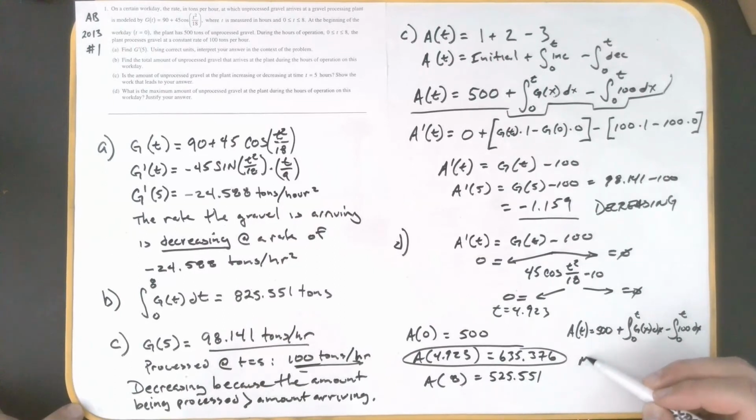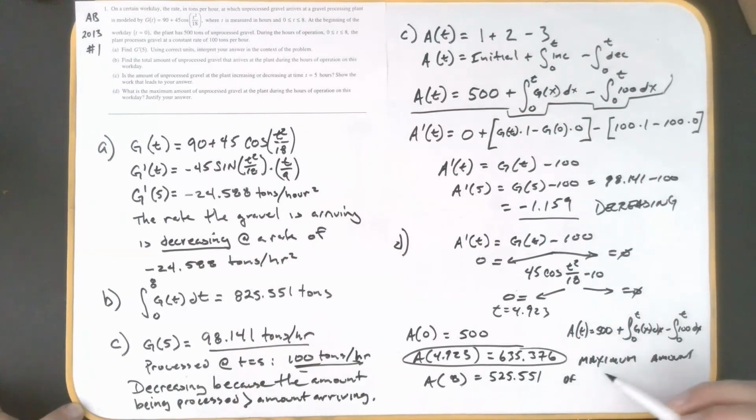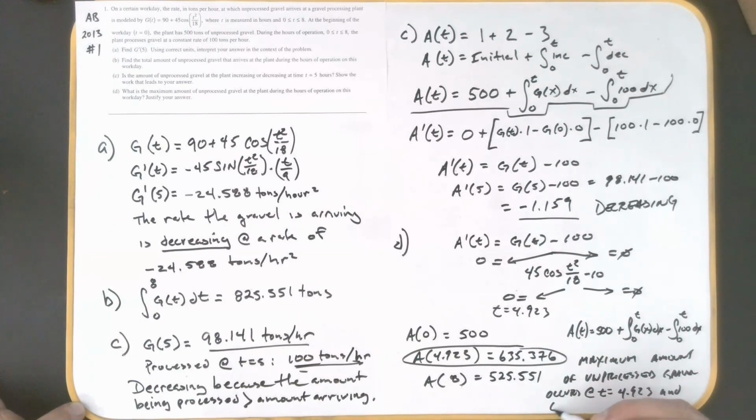And so we can say the maximum amount of unprocessed gravel occurs at t equals 4.923 and 635.376 tons.